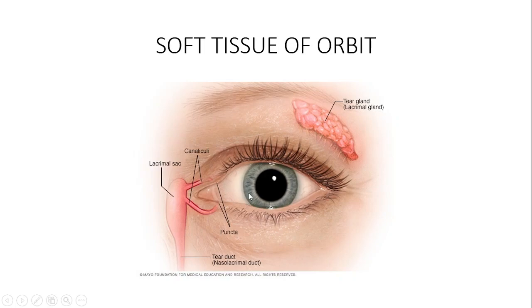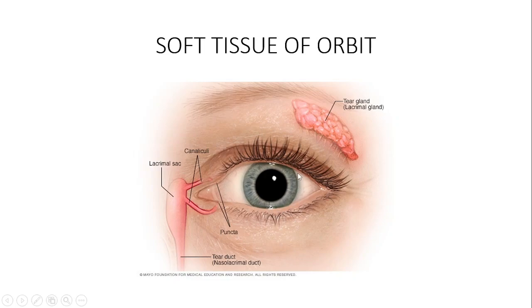If you look at this particular picture, you realize that the limbus is the zone between the conjunctiva and the cornea, or it's also said to be the most peripheral portion of the cornea. So this is the limbus.